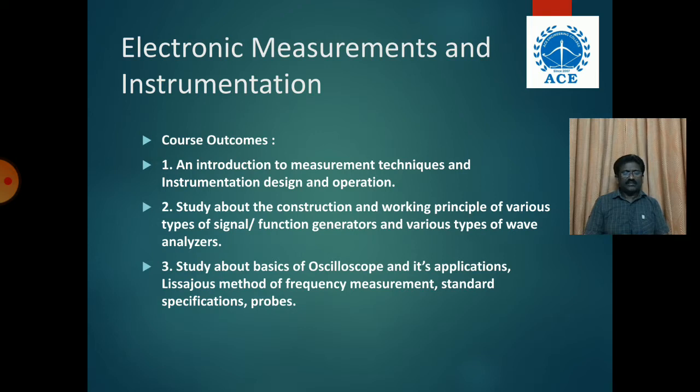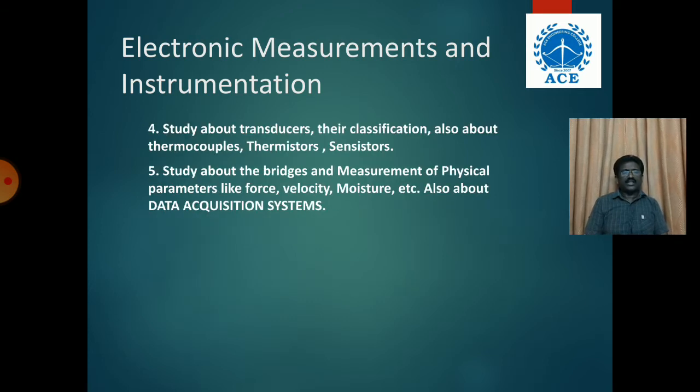Unit 3, study about the basics of oscilloscope and its applications, Lissajous method of frequency measurement and time measurement, standard specifications, various types of probes. Unit 4, study about the transducers, their classification, also about thermocouples, thermistors, sensistors. Unit 5, study about the bridges and measurement of physical parameters like force, velocity, pressure, moisture, etc. Also study about data acquisition systems.